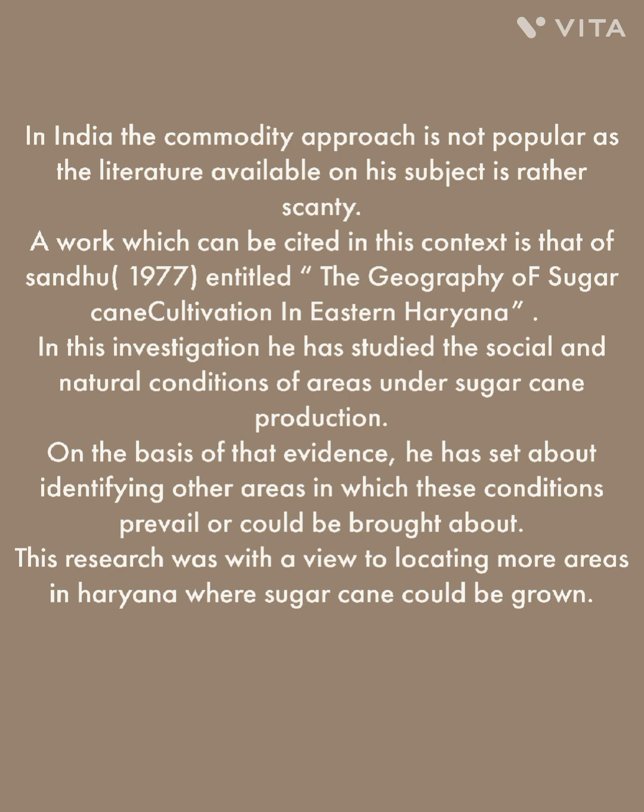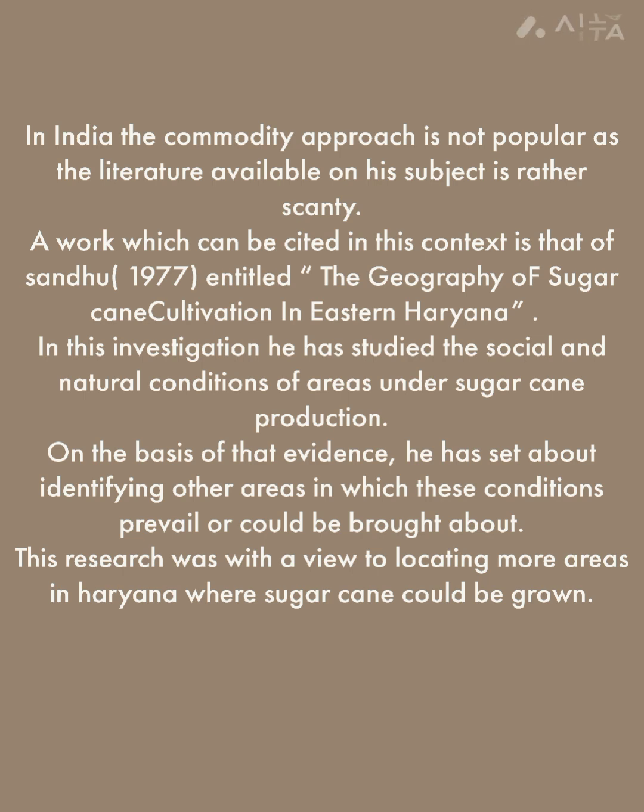In this investigation, he studied the social and natural conditions of the areas under sugarcane production. On the basis of that evidence, he set about identifying other areas in which these conditions prevail or could be brought about. This research was with a view to locating more areas in Haryana where sugarcane could be grown.